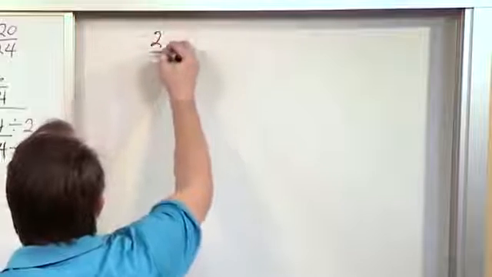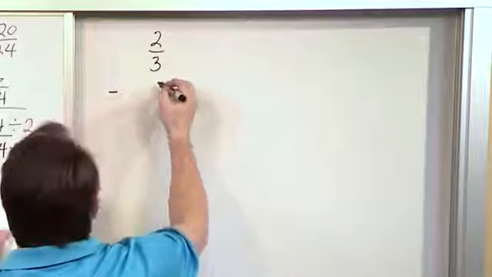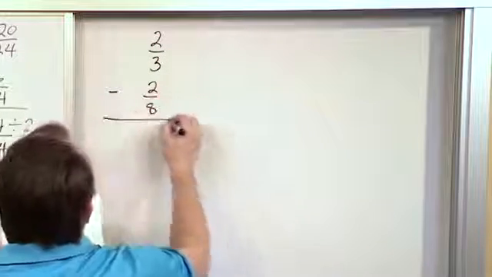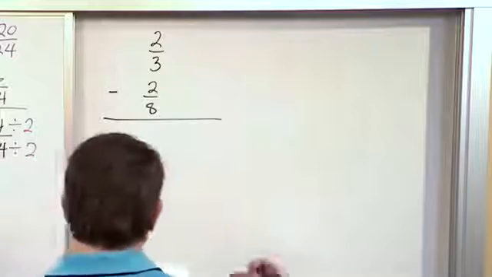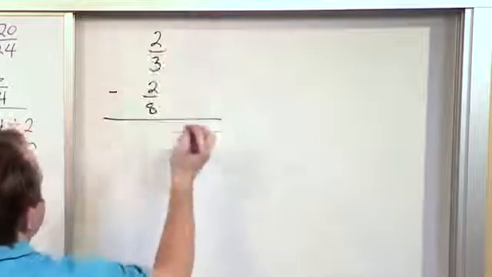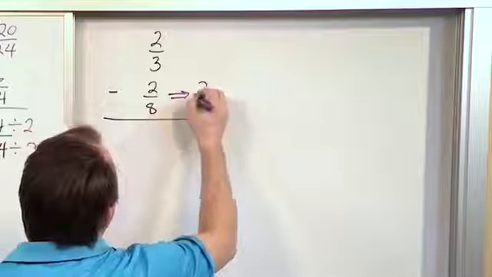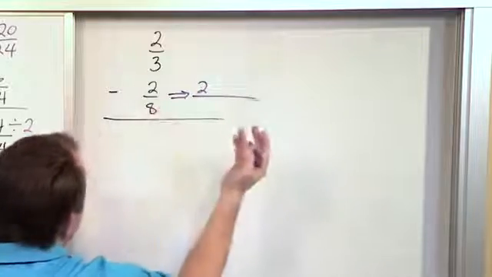What if we get 2/3 minus 2/8? 2/3 minus 2/8. And I'm looking for a common denominator, and the one that just jumps out at me when I see 8 and 3 is 24. So I'm going to go ahead and transform this into 24 because I know that 8 times 3 is 24.